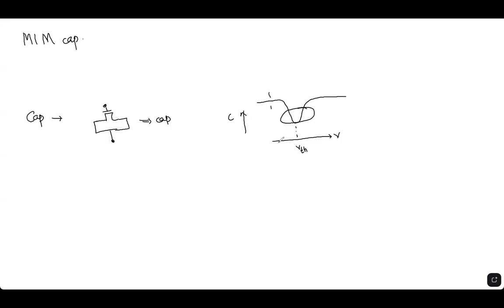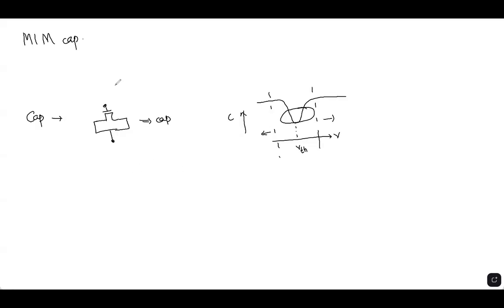If you operate in the left part or the right part, you are safe. Your capacitance value is quite high and you get a decent capacitance. So you can use the left and right areas to realize the cap. There are other ways as well. Instead of an NMOS, you may use a PMOS.